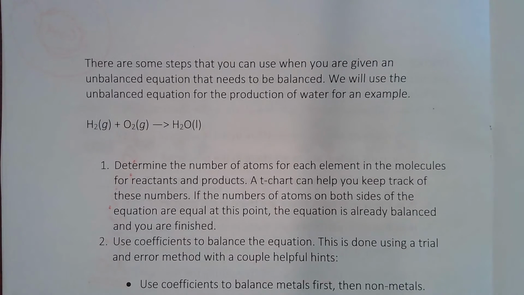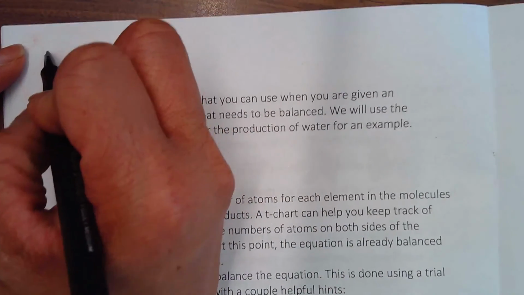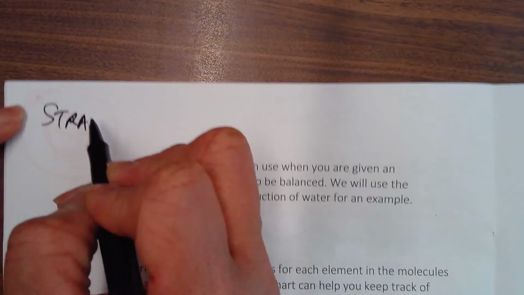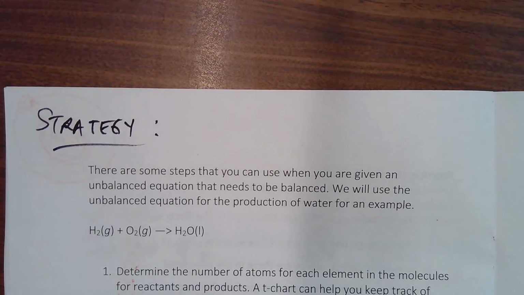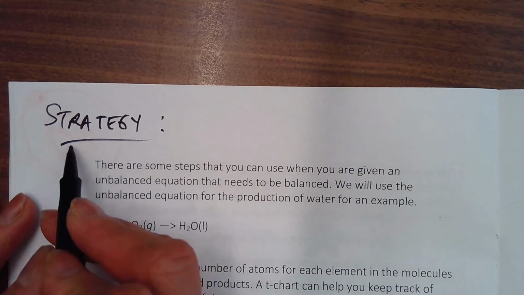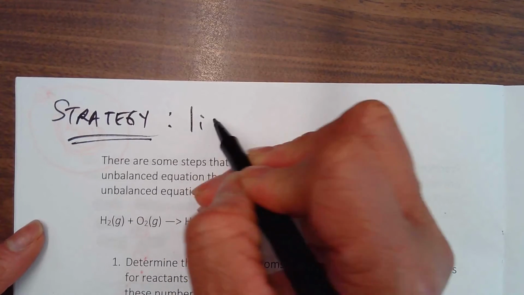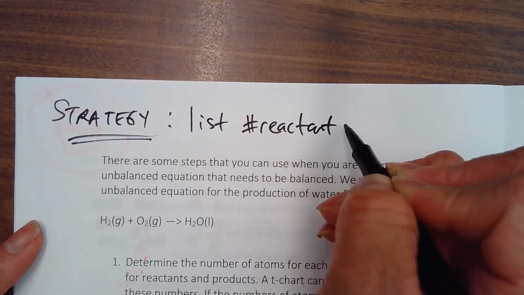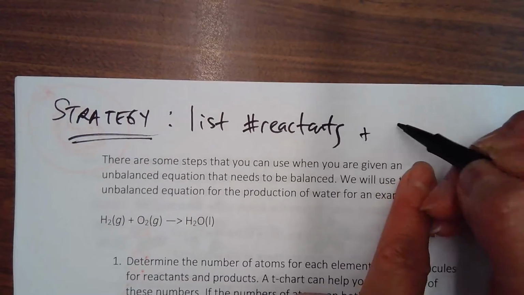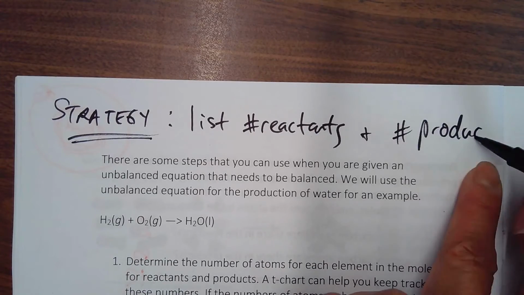So now, here's a very simple balancing chemical reaction. So what we need to do, here's the strategy. I'm going to write down the strategy here. Strategy would be your trick of the trade. So when you're balancing chemical equations, the strategy is to list the number of reactants and the number of products, and then go from there.